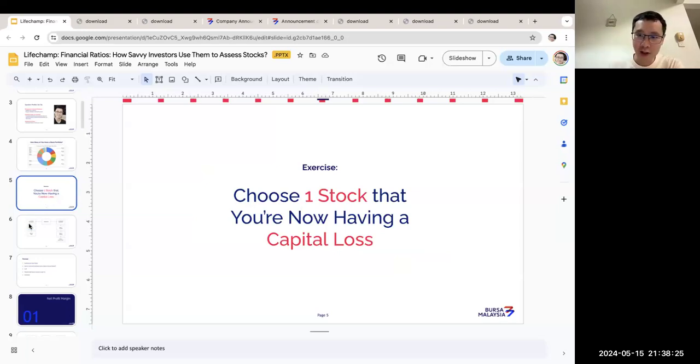Number two is that if you chose a stock and find yourself with a capital loss, that's simply because there's no net profit margin, no return on equity, no current ratio on the balance sheet, and the gearing ratio is very high, and so on. Then you know, fundamentally speaking, your stock isn't the best.